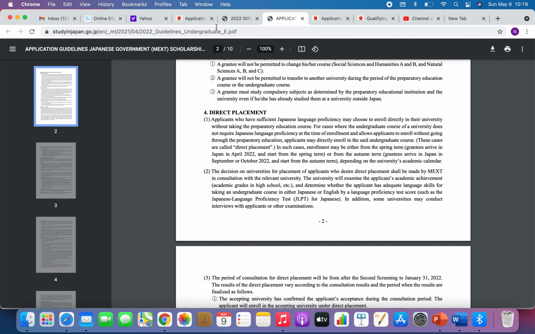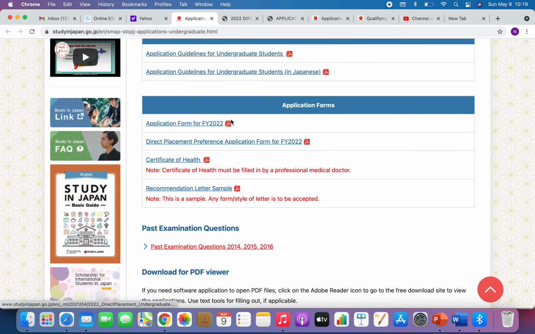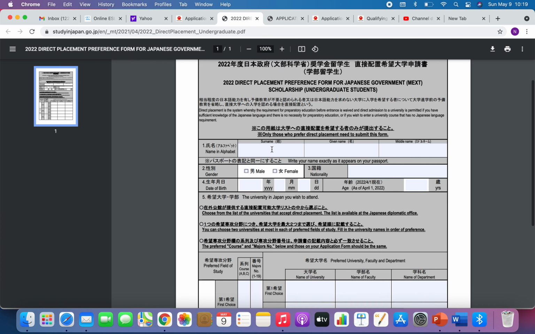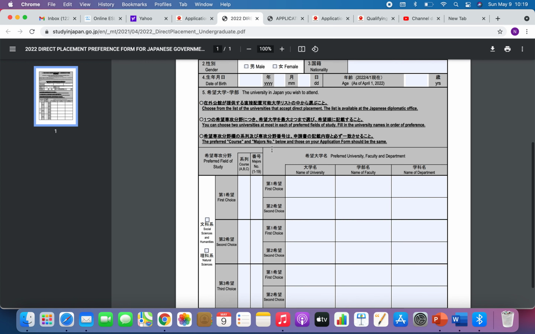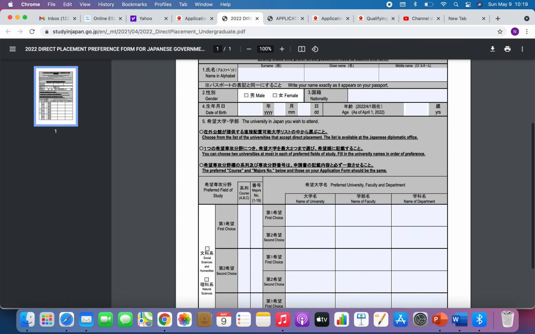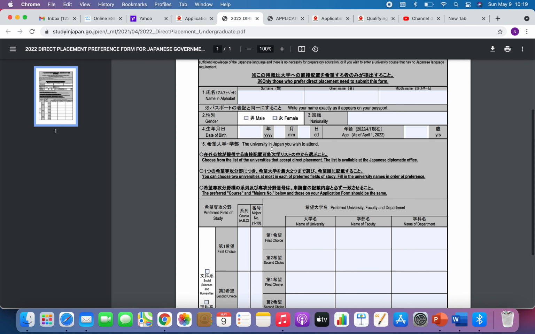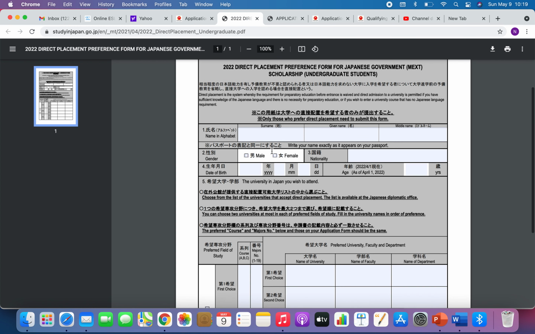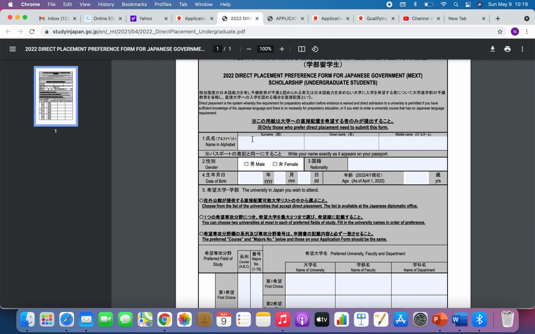So that's it. As you can see on the form, they ask you for your name, your gender, your date of birth, the universities that you choose for direct placement, and other things.